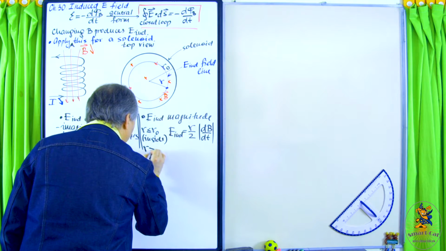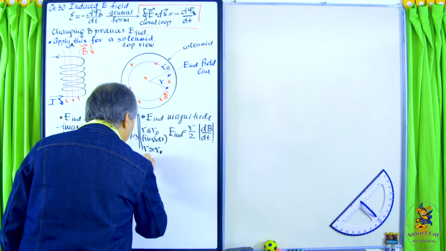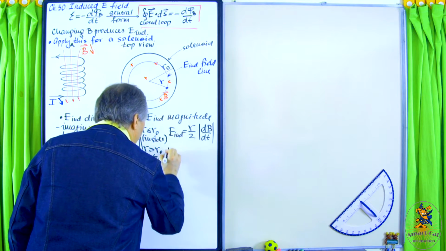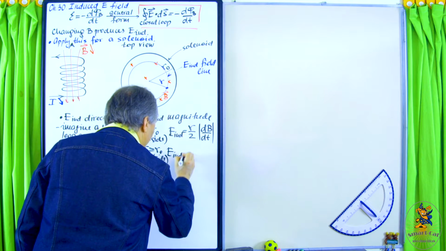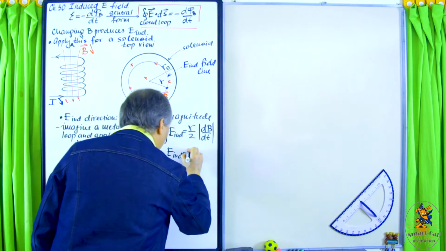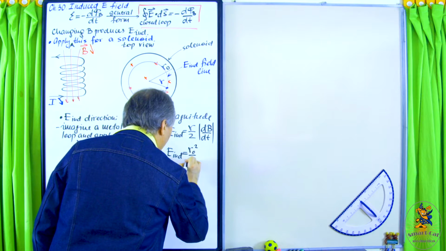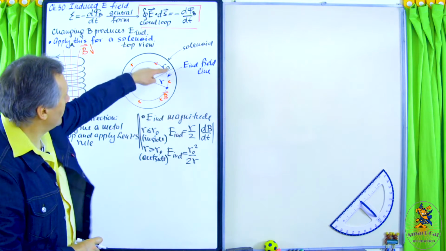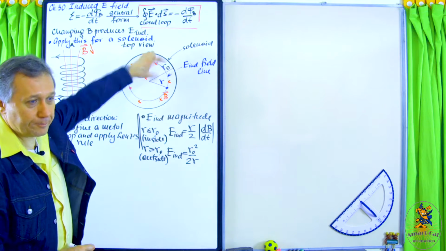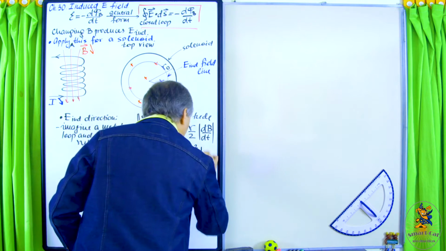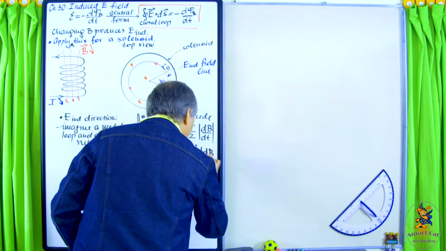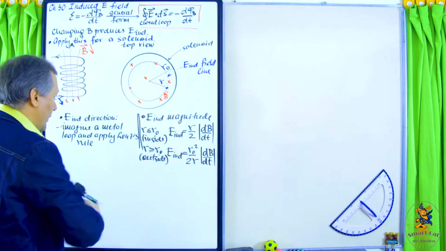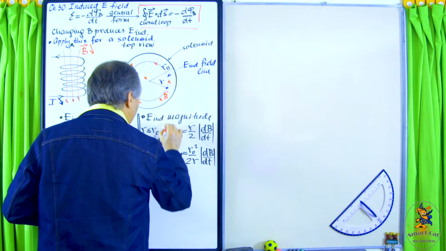For r larger than or equal to R naught, outside, E induced equals R naught squared over 2r, where R naught is the radius of the solenoid, and again times the rate of change of the magnetic field. Okay, so what we need today, we will need this.